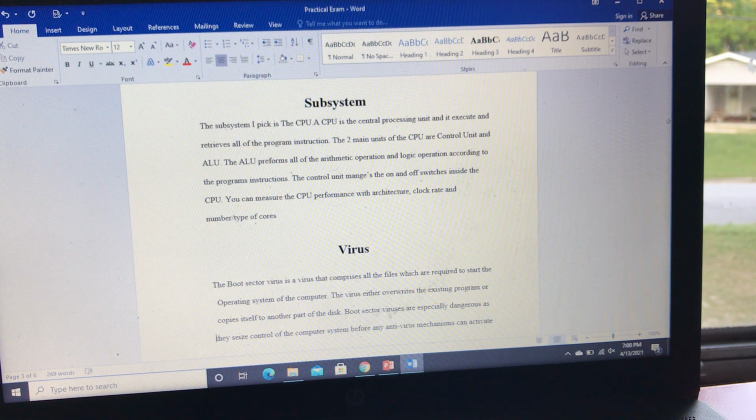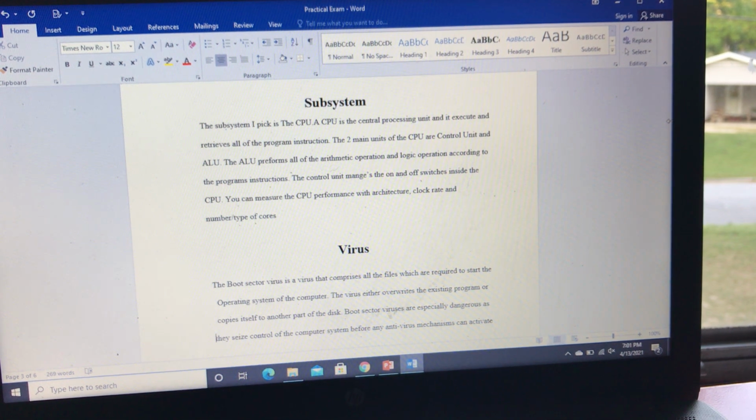The ALU performs all of the arithmetic operations and logic operations according to the program's instructions. The control unit manages the on and off switches inside of the CPU. You can measure the CPU performance with architecture, clock rate, and the number and type of cores.